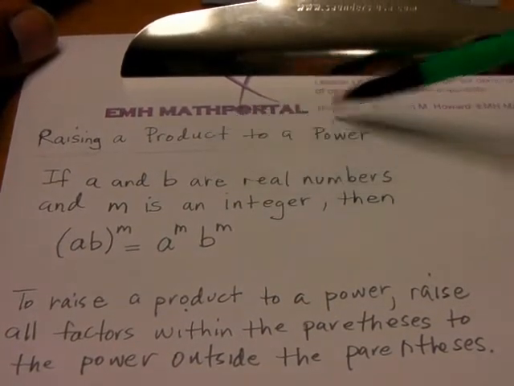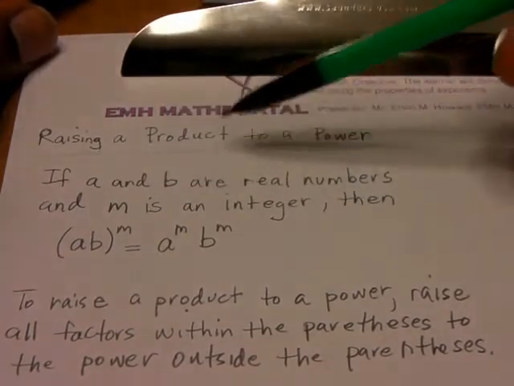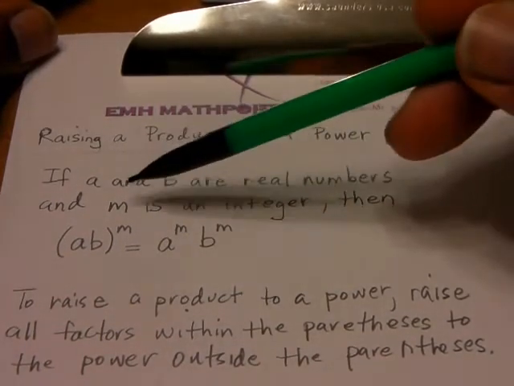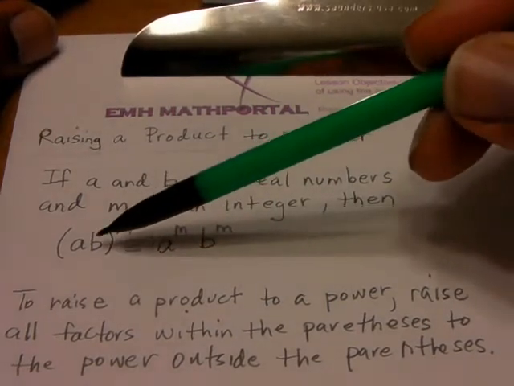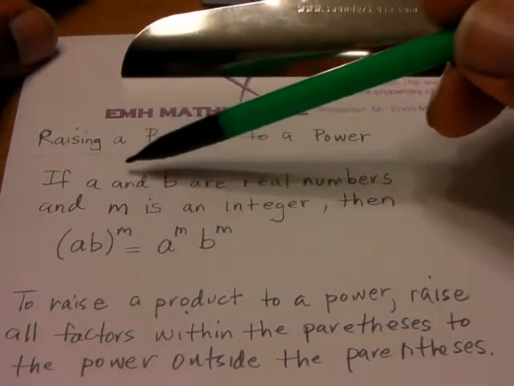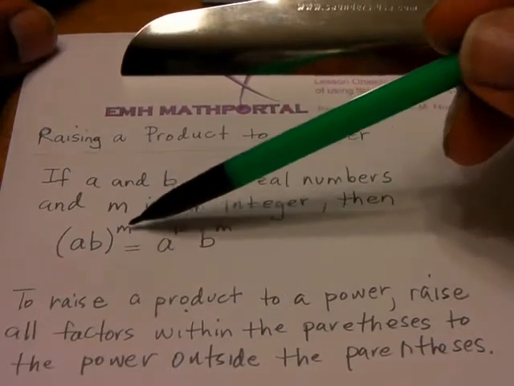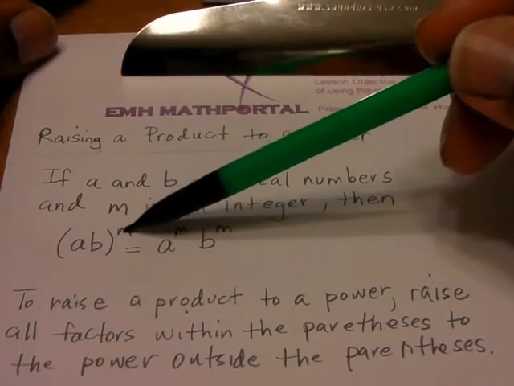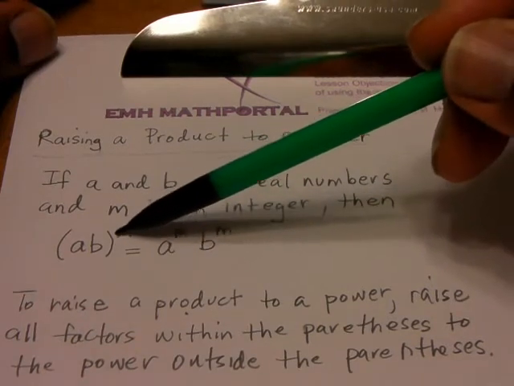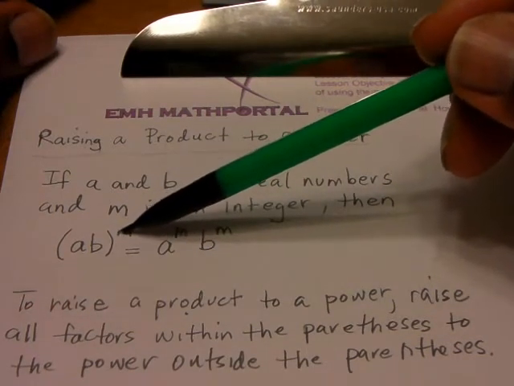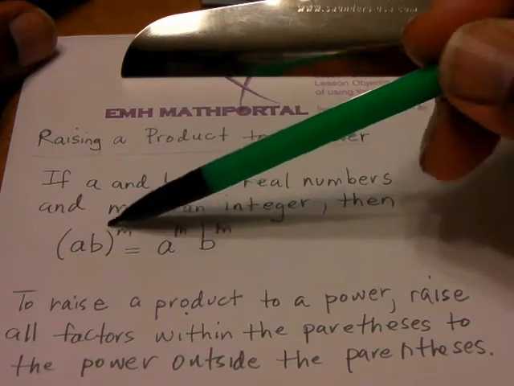Raising a product to a power: if a and b are real numbers and m is an integer, then the product of two bases, which is a and b, raised to a power of m, which is the exponent that is an integer, then there's a sort of distribution to each of the bases.